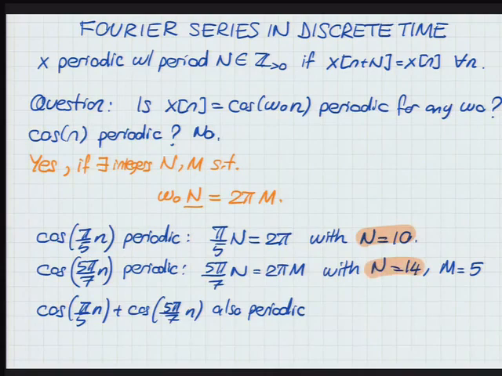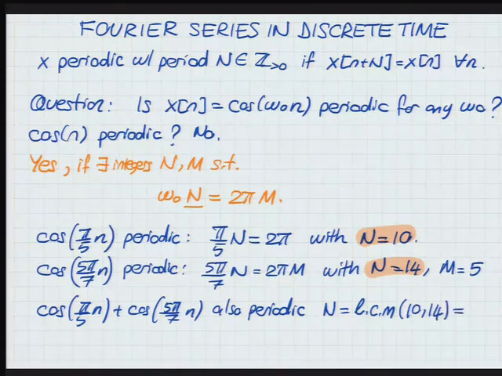So the fundamental period for the sum would be 70, which is the lowest common multiple of 10 and 14. That's the first time they will meet. And that happens at 70. All right?